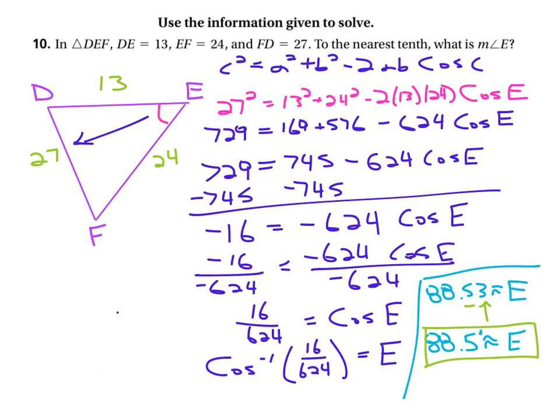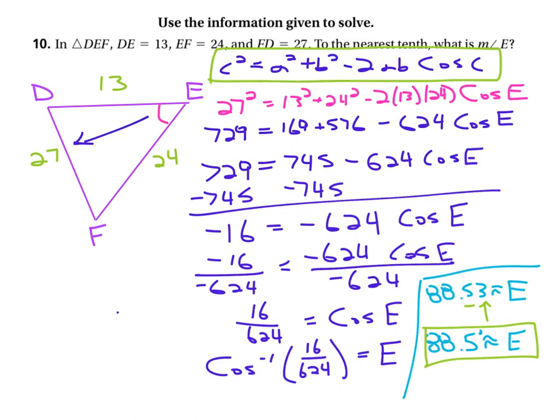Okay. So start with the formula that you're going to be given. You will be given this formula up here. And you need to know that this value here, that C value, is the side opposite the angle that you're trying to find. And these two are the other two triangle sides. So that squared equals that squared plus that squared minus 2 times that times the cosine of that angle.